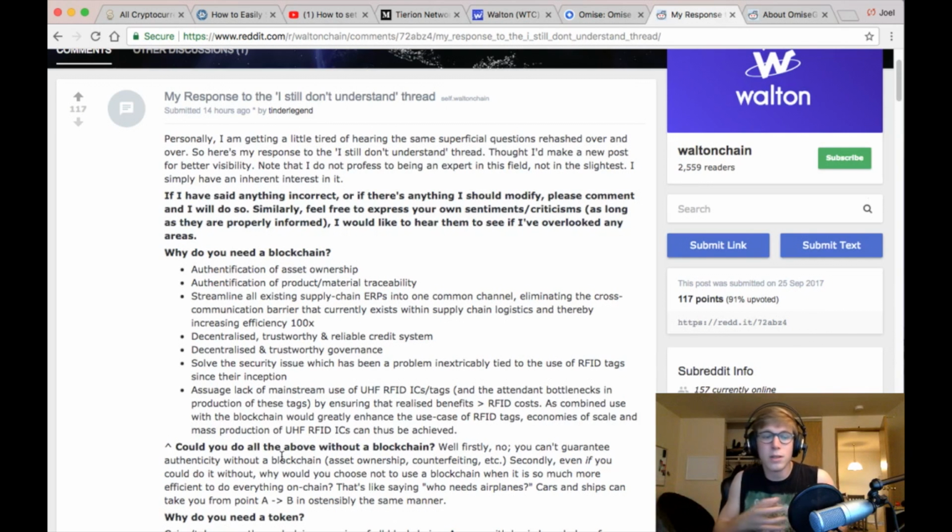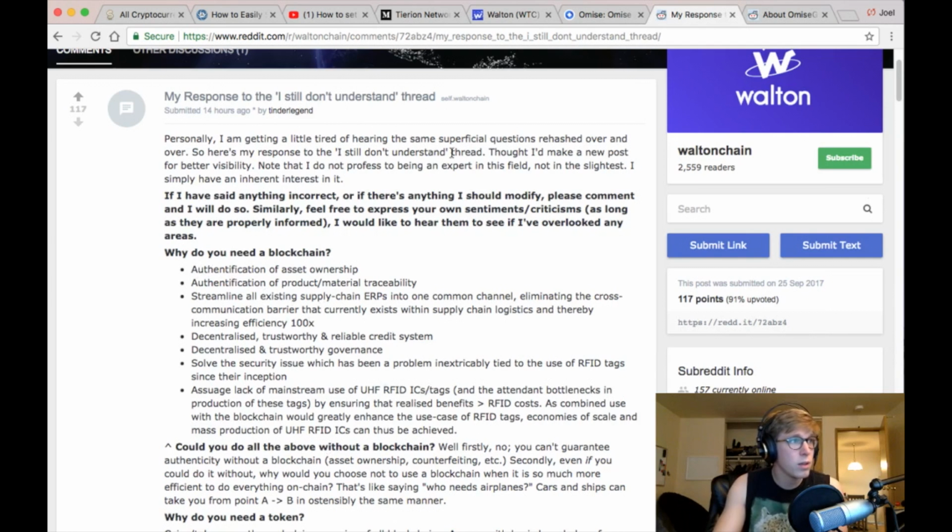But the problem is that by the time the product goes through the entire chain, there's a lot of data that's lost and misplaced or misrepresented. And so that's why I think it's really important that blockchain steps in here and has some kind of effect on the supply chain, using RFID technology.